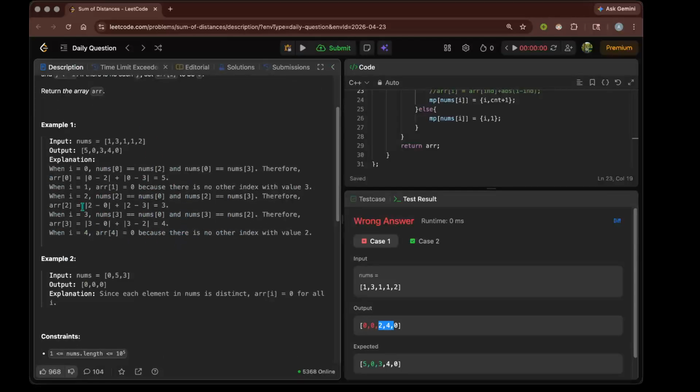Wait, 2 plus 3. Okay, we do require 2 plus 3. We do know 3 is the best that we can get up to this. 3 plus 2.